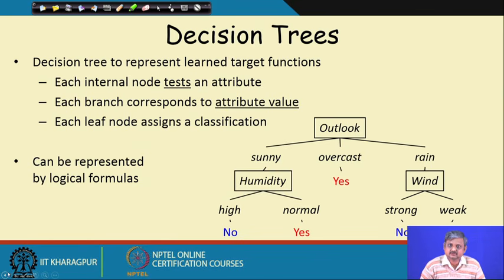Please note that. So, this is a decision tree. This kind of tree with attributes and leaves is a decision tree. Note that we human beings often use this kind of logic.